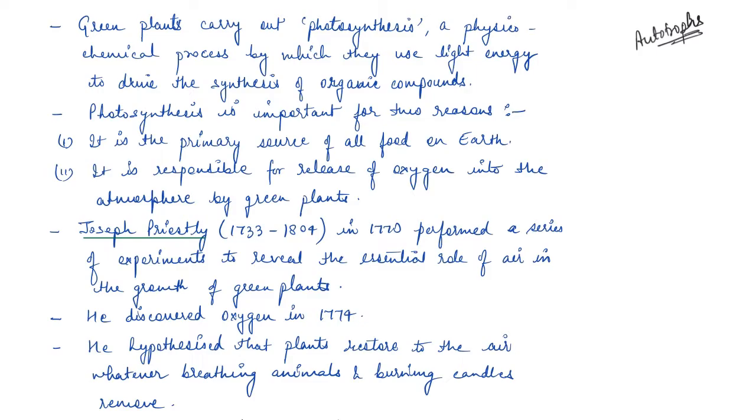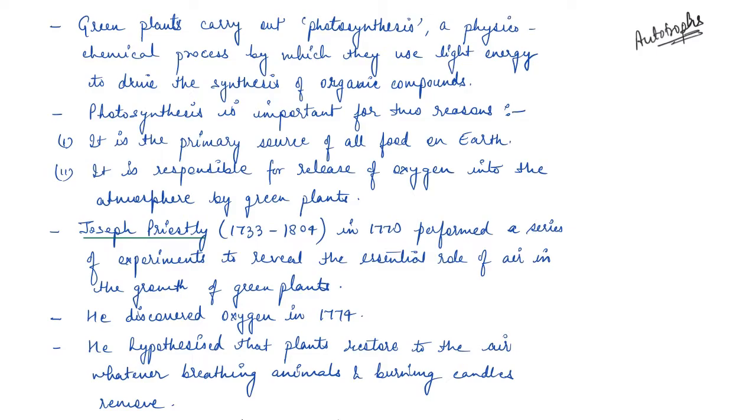Now, a scientist named Joseph Priestley, between 1733 and 1804, performed a series of experiments that revealed the essential role of air in the growth of green plants, right? Priestley discovered oxygen in 1774.